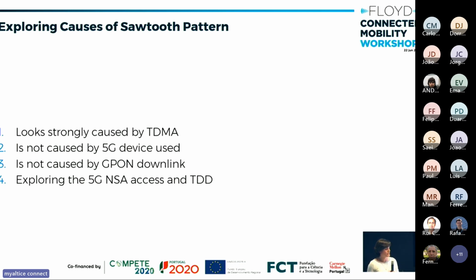We know it's not caused by the GPON downlink. We are now exploring whether it is the 5G. There may be something in the 5G scheduling on the non-standalone, or in the TDD, or whatever mechanism it is, that may be causing this, because this may have an impact on standalone or not. We don't know as long as we do not find out.